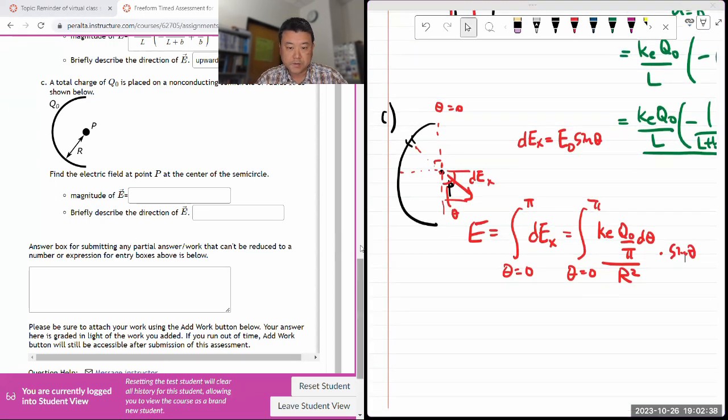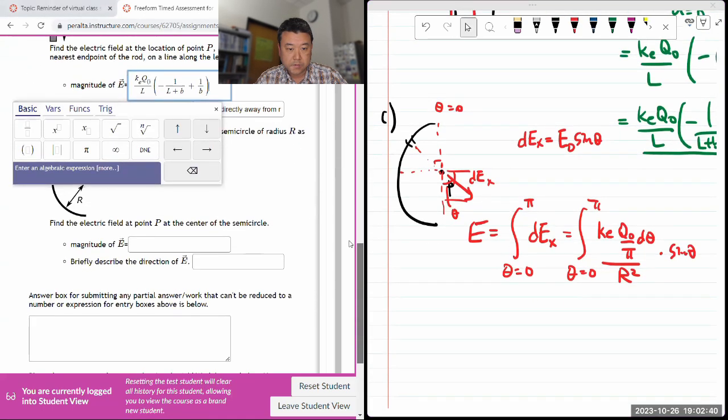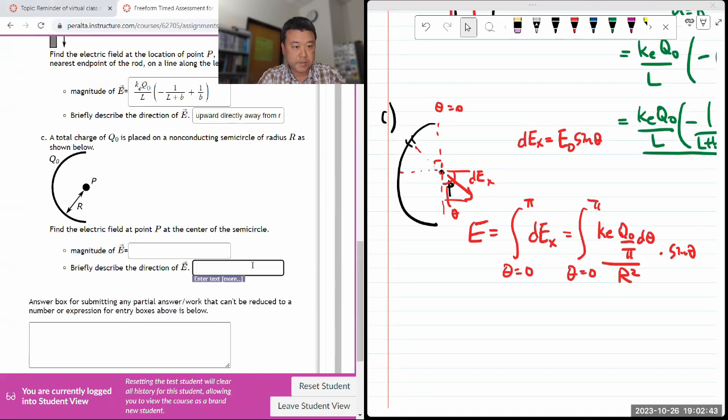How much time do I have left? Okay. So direction, that's directly rightward.